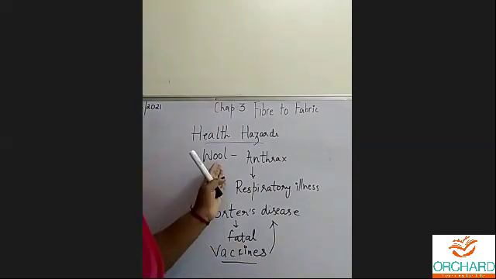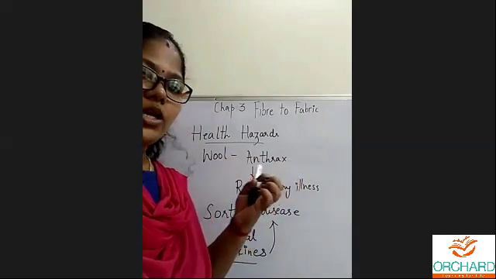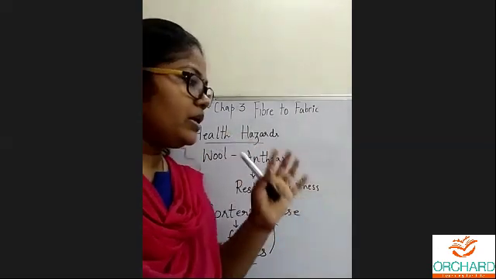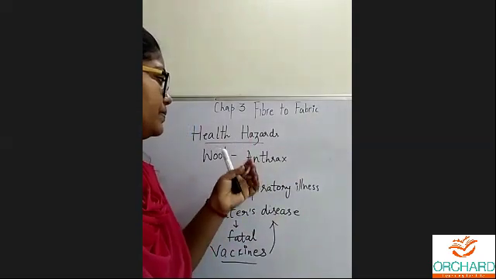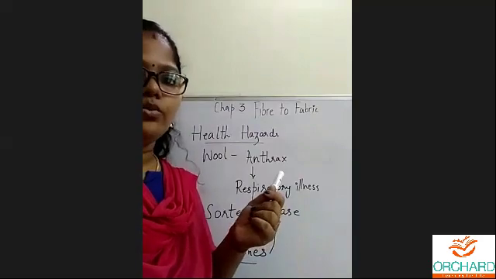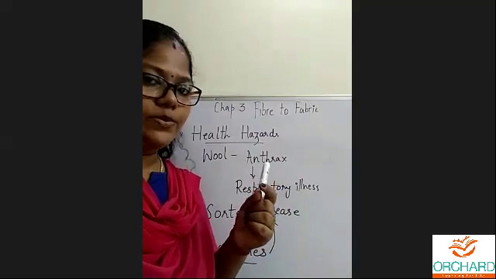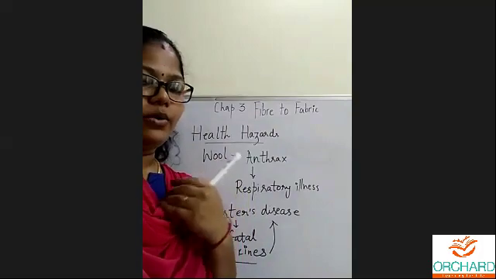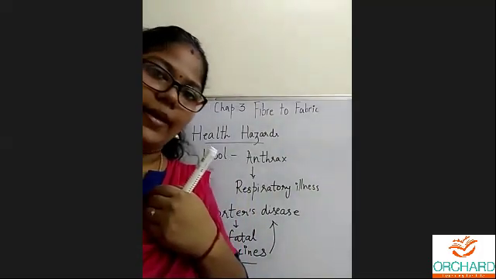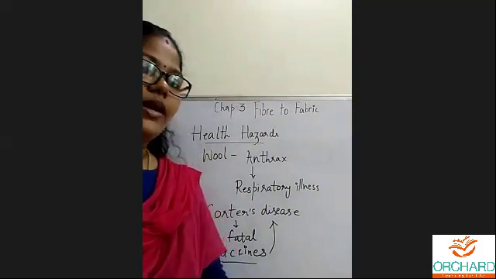And as I already told you, the contaminated sheep will have contaminated wool. When people in the factories and industries deal with this kind of wool, they suffer from respiratory tract illness. They tend to inhale the bacteria and virus, and they suffer from many problems.